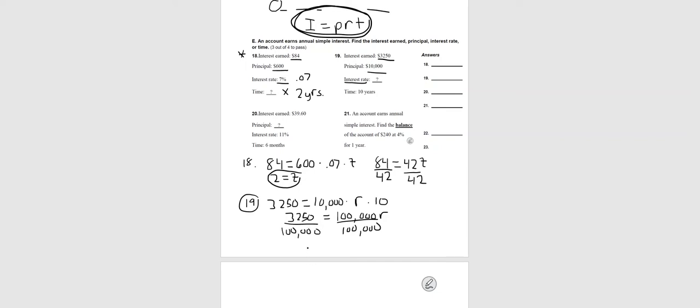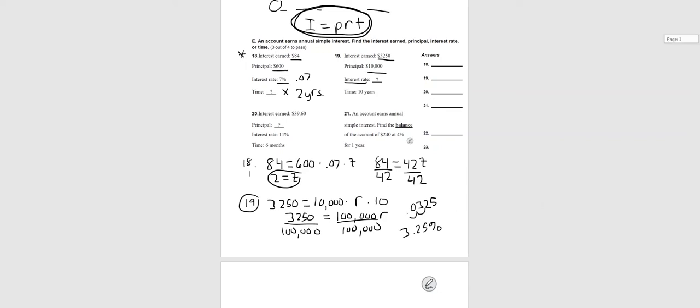If you take 3250 and divide by 100,000, you get 0.0325 as a decimal. Then we want to change this to a percentage, so we move 2 places to the right, and this would be 3.25%.